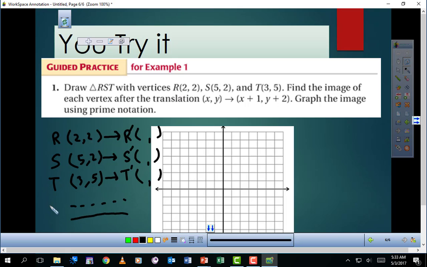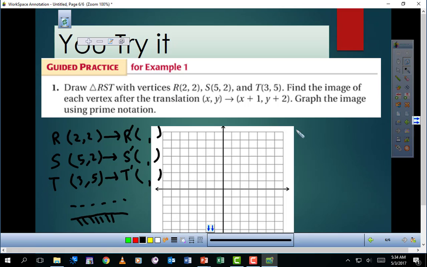So use this one for the pre-image, and this one for the image, so that you can keep track of which one's which. I often like to do shading as well. I'll shade in this object, and I'll leave the other one in its original position, dashed and empty.